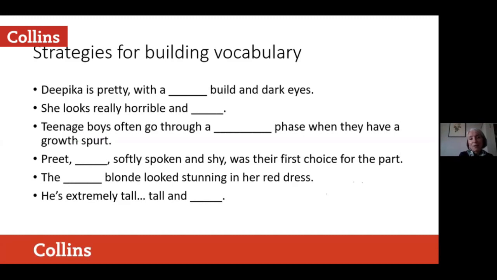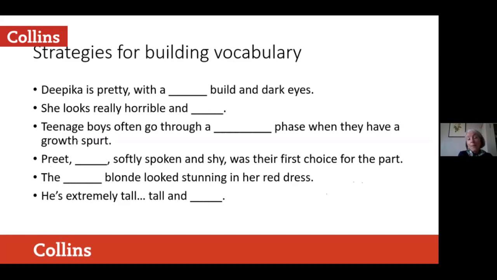What about the next one? Pretty, softly spoken and shy was their first choice for the part. What words would we use there? Again, we're looking for positive connotation words. So those would be slim, slender. What about the next one? This is also positive. Slim, slender, svelte.